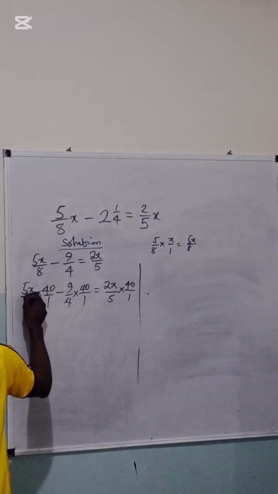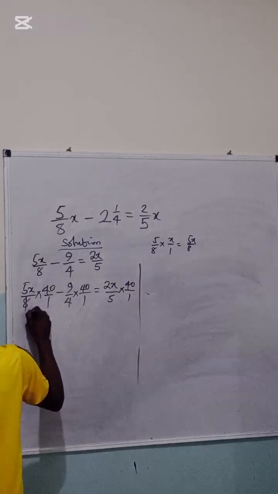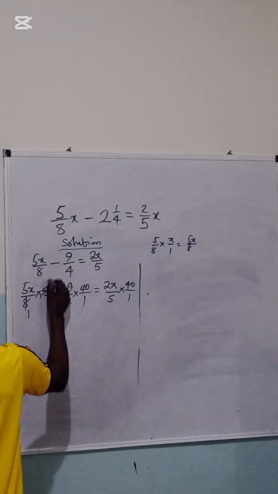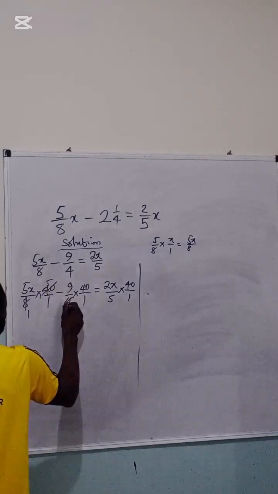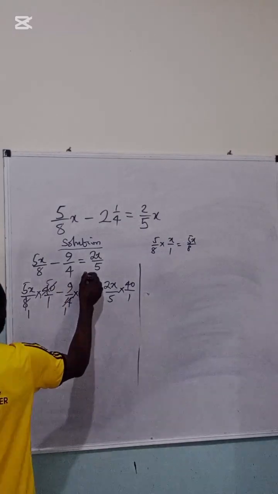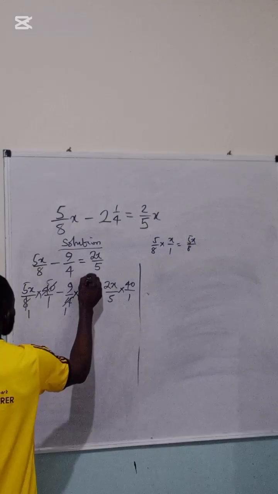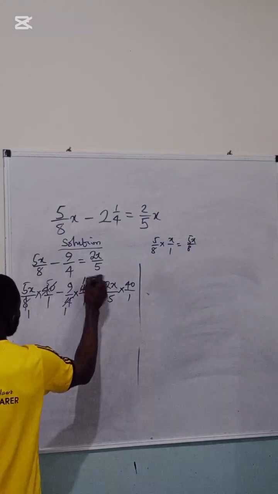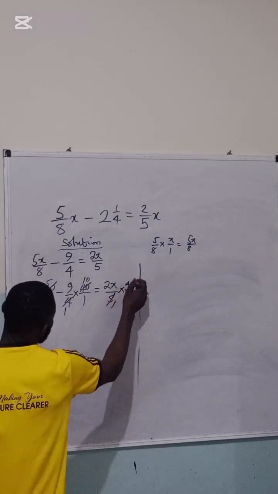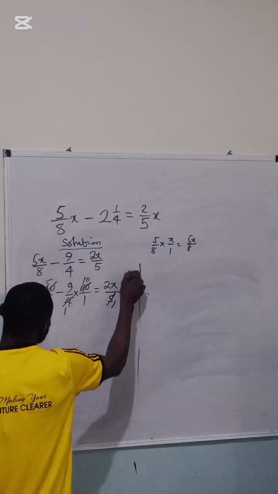So right now 8 divided by 40 will go 5 times. 4 divided by 40, this will go 10 times, and 5 goes in 40 is 8.